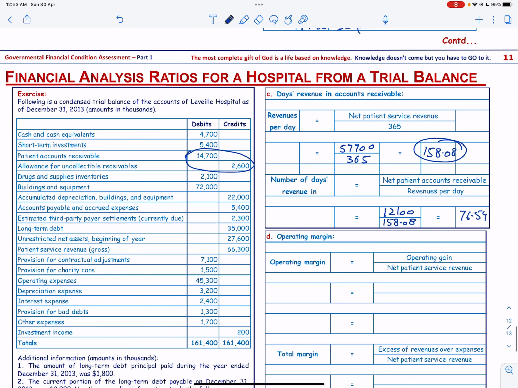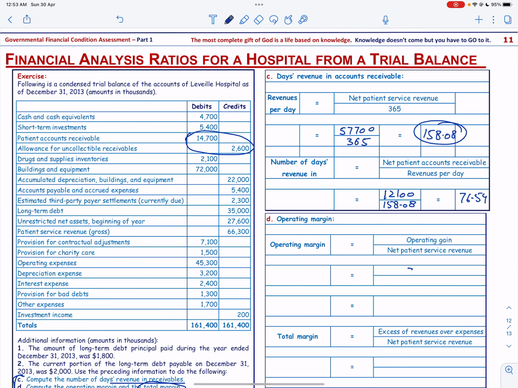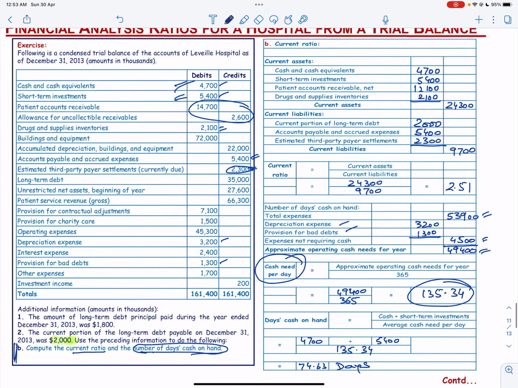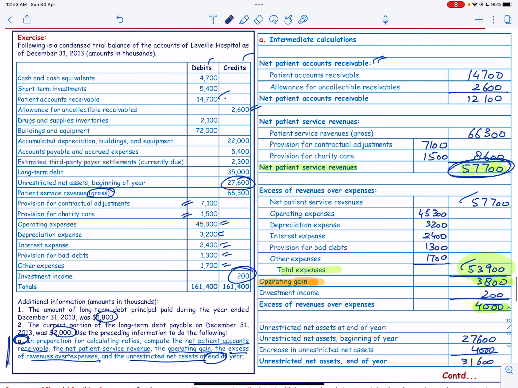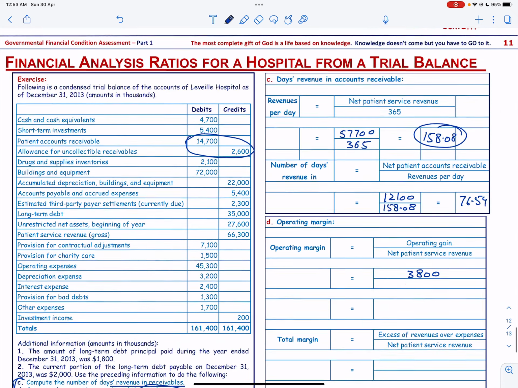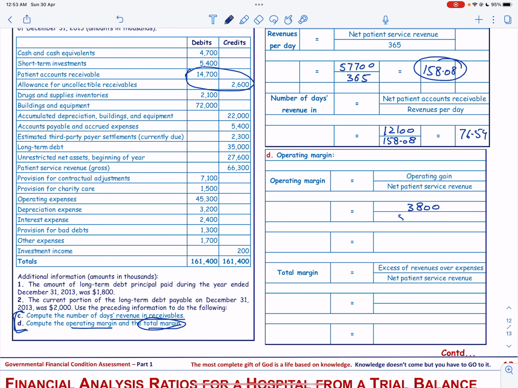So we have 3,800 divided by net patient service revenue, and the net patient service revenue is 57,700, and this will be equal to 6.59%.